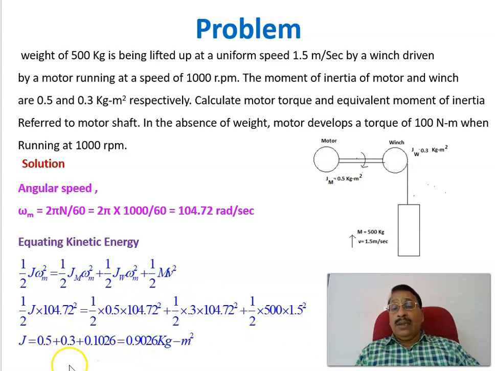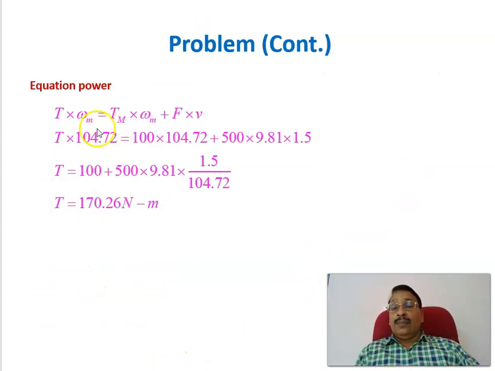Equating this, you will get the equivalent moment of inertia equal to 0.9026 kilogram meter square.